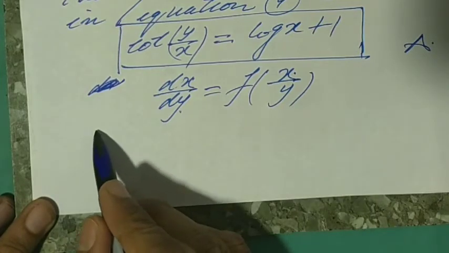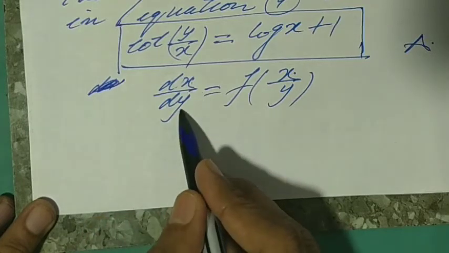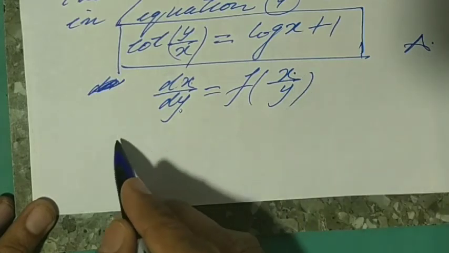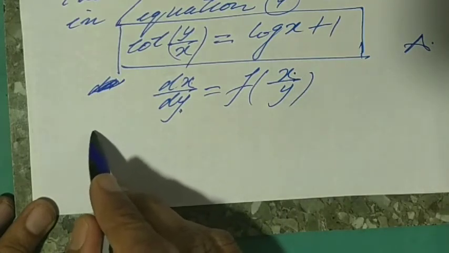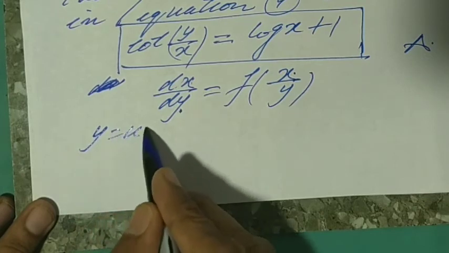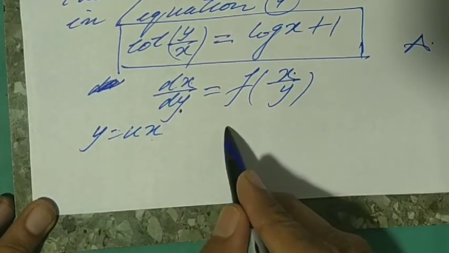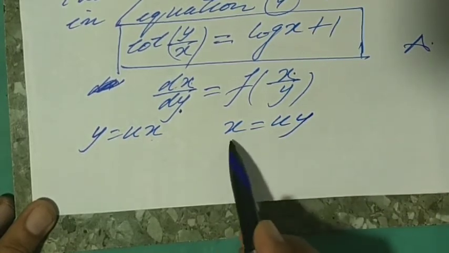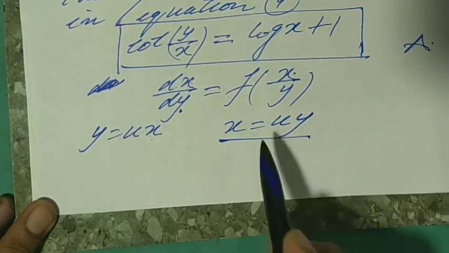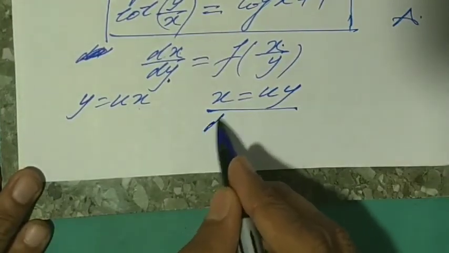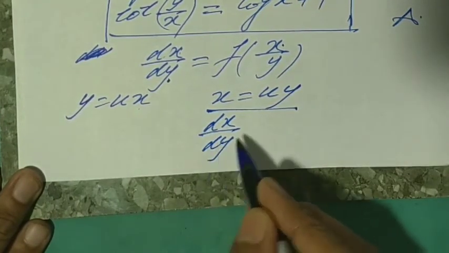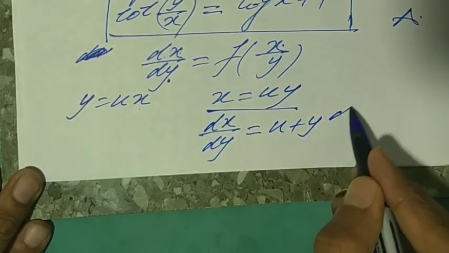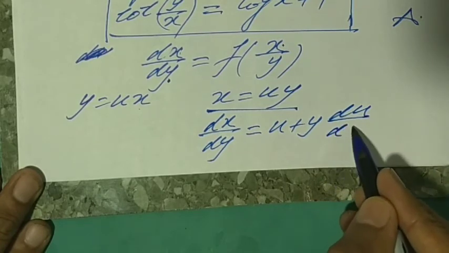Just keep in mind that in this case, where you have dx upon dy on the left and f of x upon y on the right, instead of the substitution y is equal to ux, you will have to take x is equal to uy, and then differentiate this with respect to y, not with respect to x, so that you get dx upon dy on the left hand side, and on the right hand side u plus y du upon dy.